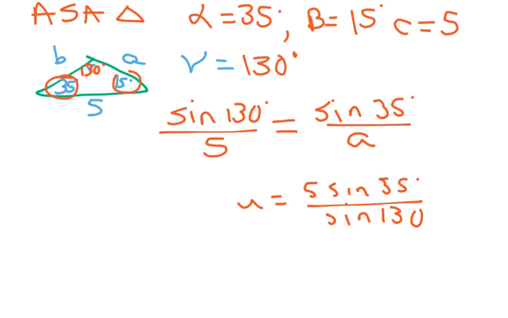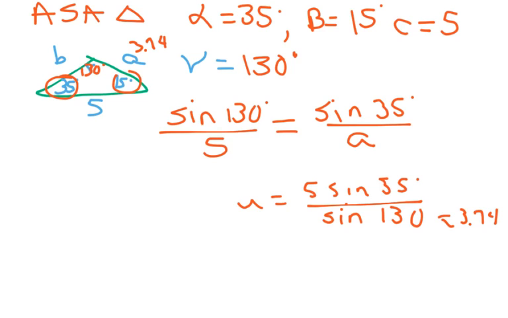There's a tendency when you're doing this not to write the sine here. So some students will write this as just over 130, and they will give you the wrong answer. So just make sure you write it as sine of 130, and that's going to give you approximately 3.74. So that's going to be our A.